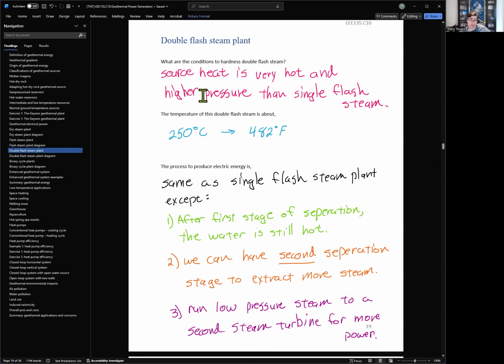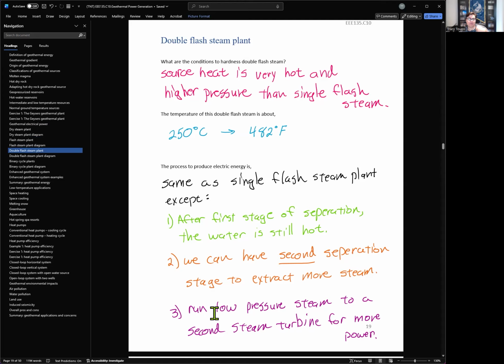The process to produce electric energy is the same as a single flash steam plant, except after the first stage of separation, the water is still so hot that we can have a second expansion system and a second layer to separate the steam even more. So it's like double dipping into our source.